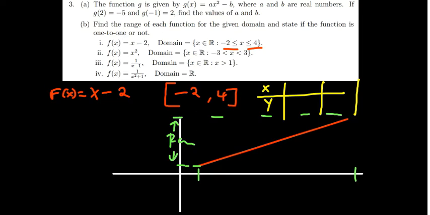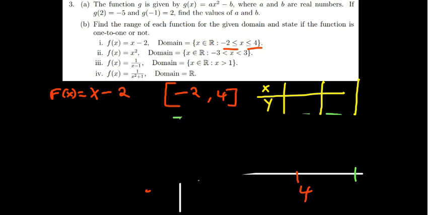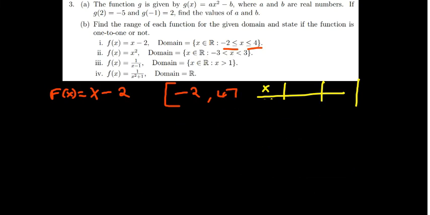So we've been given the domain from -2 all the way up to 4. So all we just have to do is just substitute for a linear function. So the minimum we have is -2. The highest we have is 4. So how do we find the value of y? We substitute in the function.